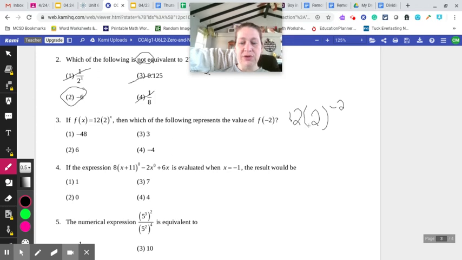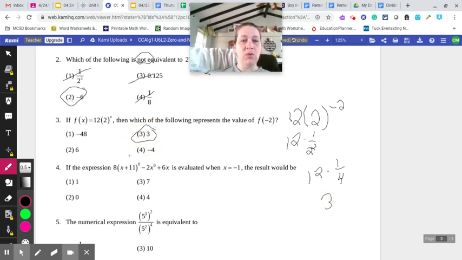Okay. Well, 2 to the negative 2 is 1 over 2 to the 2. And 2 to the 2 is 4 because 2 times 2 is 4. 12 times a fourth is 3.